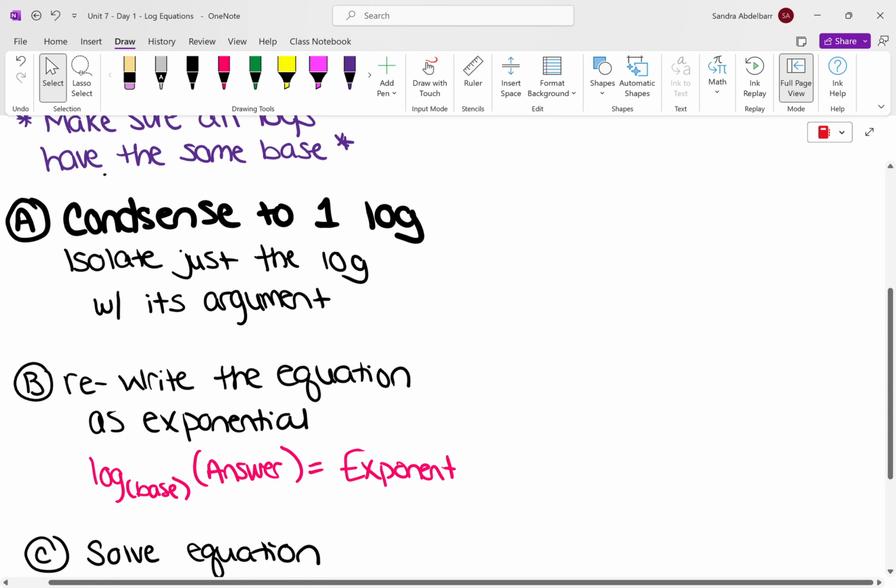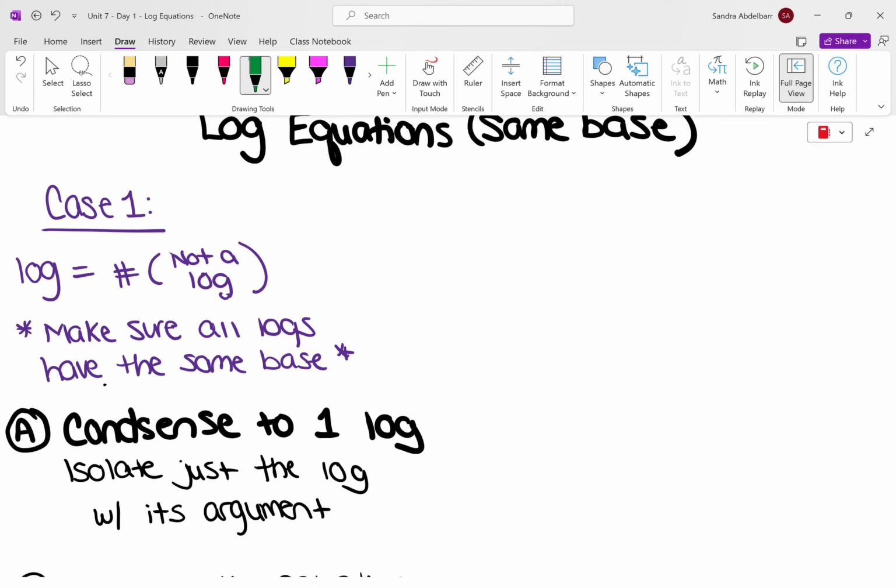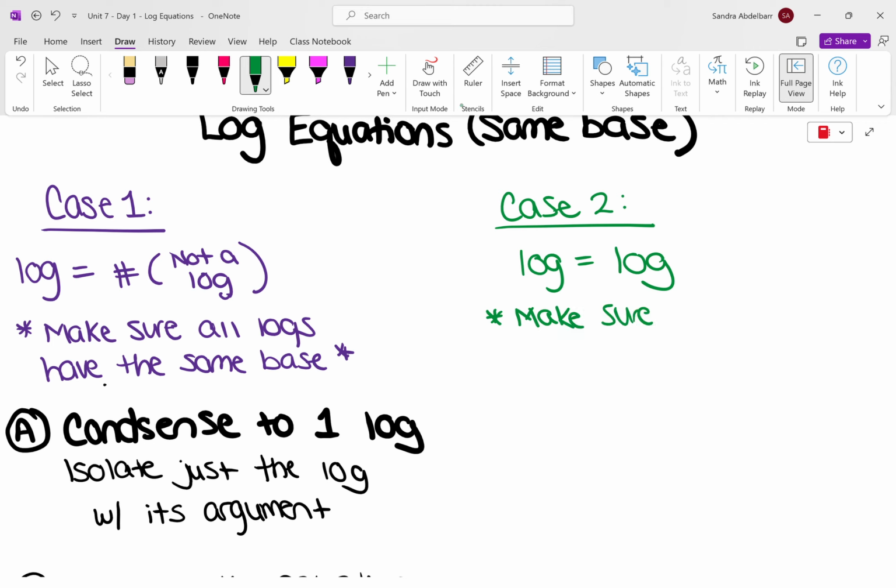Okay, so that is the first scenario. Let's talk about our second scenario. This is when log is equal to another log. So once again, we're going to make sure logs have the same base.